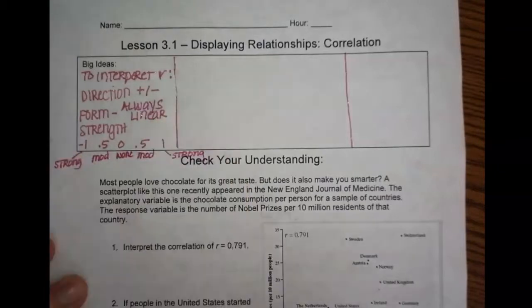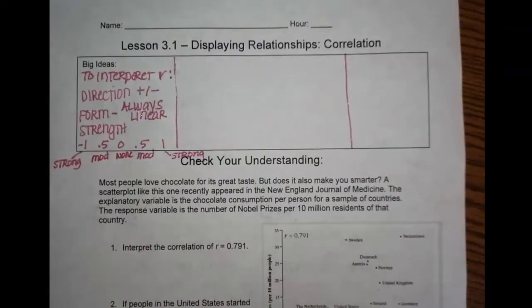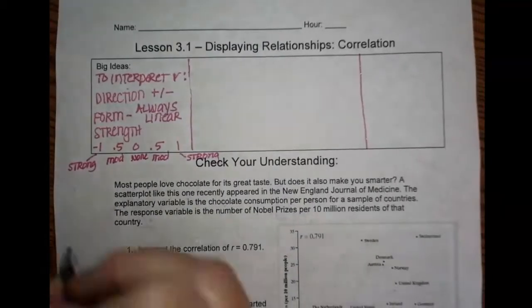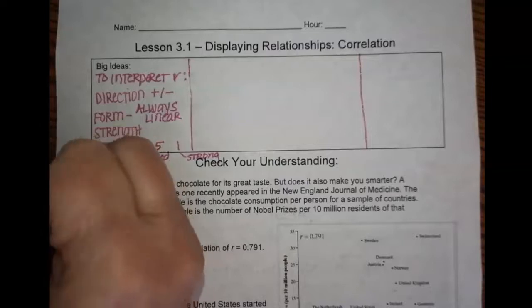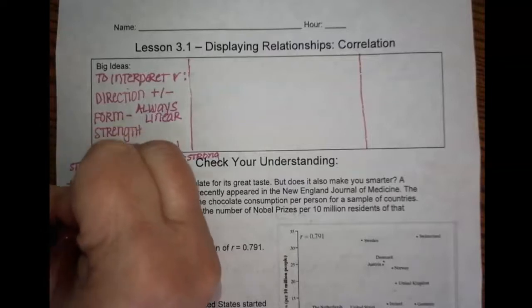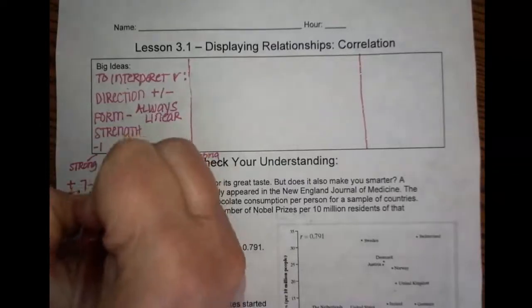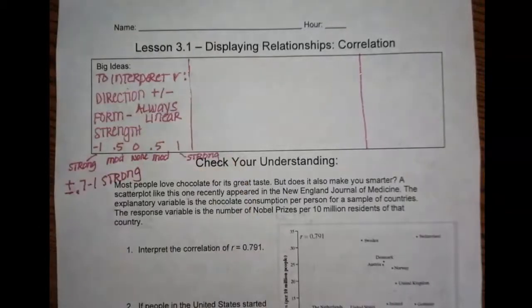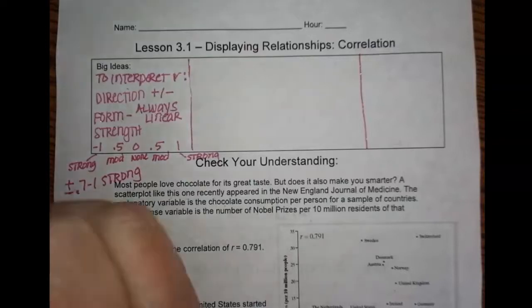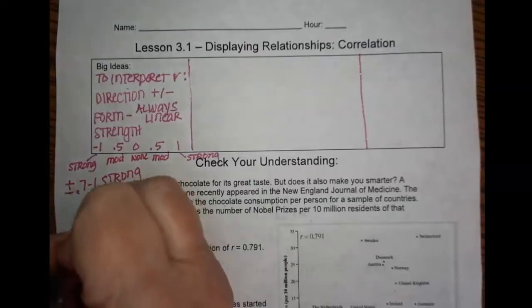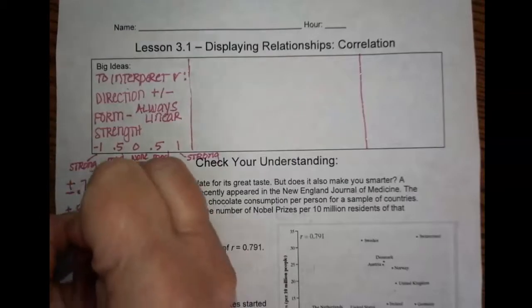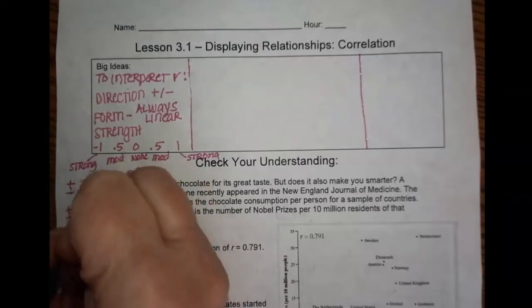I'm going to give you a range here that I usually use to help when I'm trying to decide what words to use. If you have a plus or minus 0.7 to 1, go ahead and call that a strong correlation. Then positive or minus 0.5 to 0.69, we'll call that moderate.